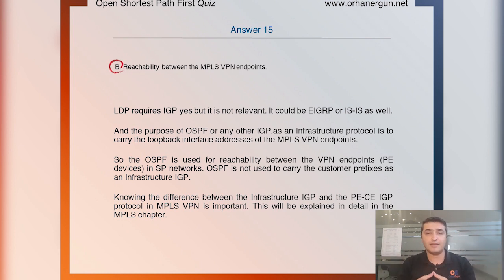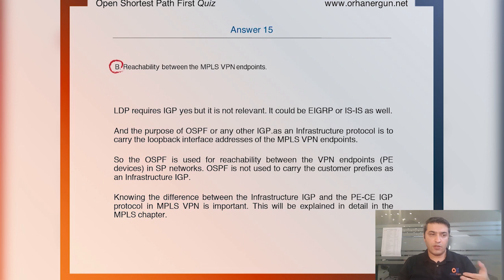I will explain that. We have a targeted LDP session. So we have all the intelligence at the edges anyway. And here the IGP, OSPF or IS-IS as an infrastructure IGP, is used to connect those endpoints, the MPLS VPN endpoints. That's the correct answer.